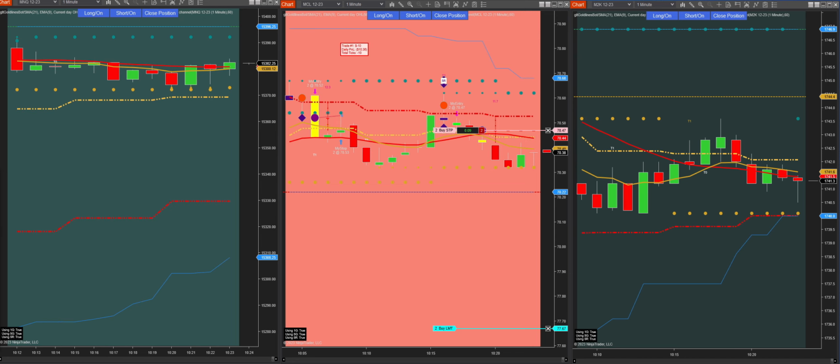Yeah, we're just not getting that push here that we would need. Definitely not getting the push downwards. Well, it doesn't look good.